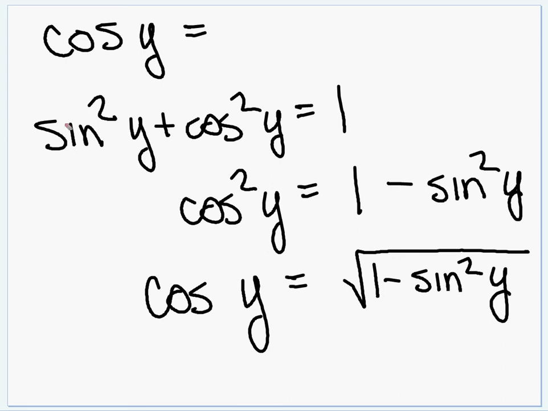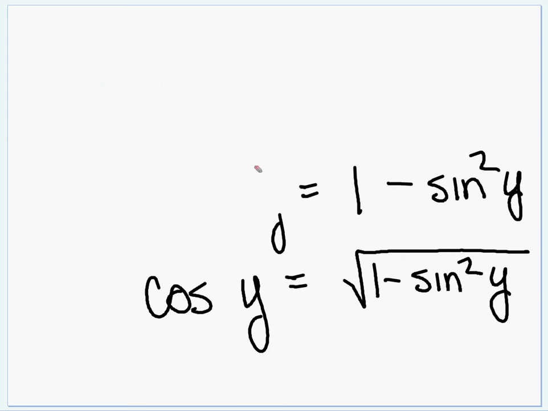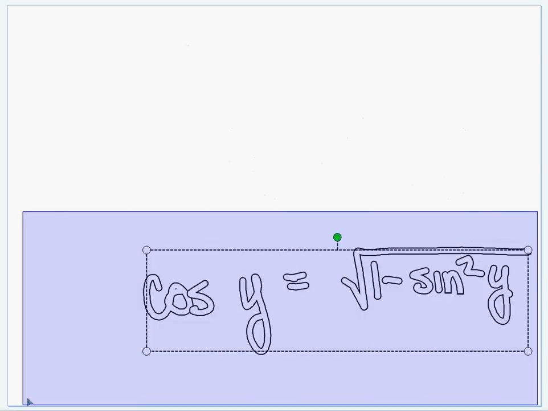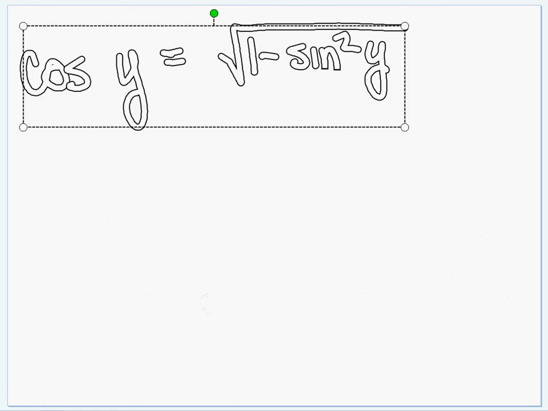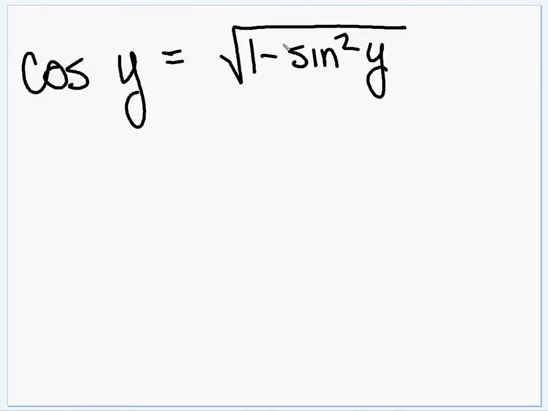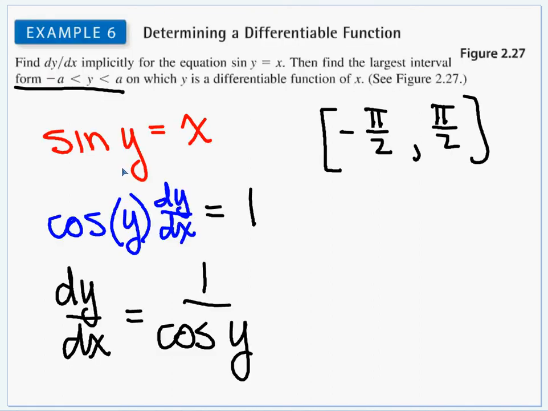Now, a lot of these implicit problems, we're going to be going back to our original problem and substituting some stuff in. If I flip back a slide, let me put the sine of y in parentheses, I can move the squared out here. What is the sine of y equal to?